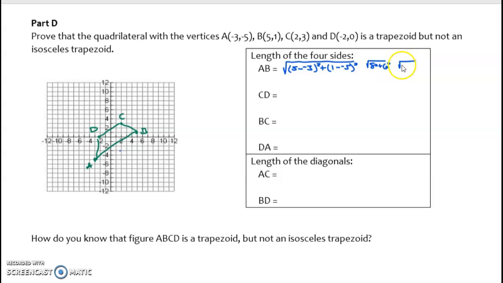So that's 8 times 8 is 64 plus 36, which I believe is 100. That brings us all the way down to a nice, cool 10. So let's label that down here, 10.